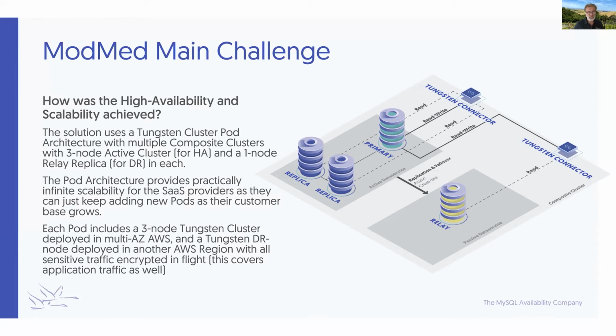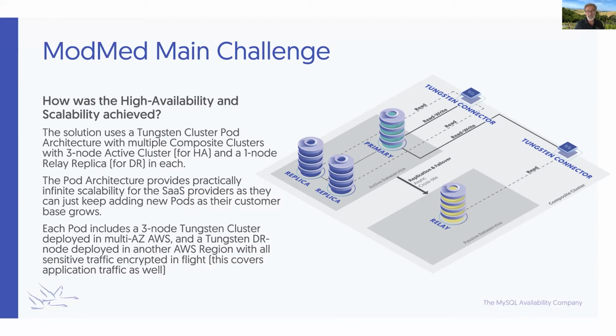If there is a more significant event, where the whole site is down, or the region is down, there is still another region, the relay node, that can basically take over. Obviously, that becomes a single point of failure, and it may have less performance with only one node. If you had a secondary full cluster, it would be the full-blown solution, with no performance degradation or other issues from the DR point of view.